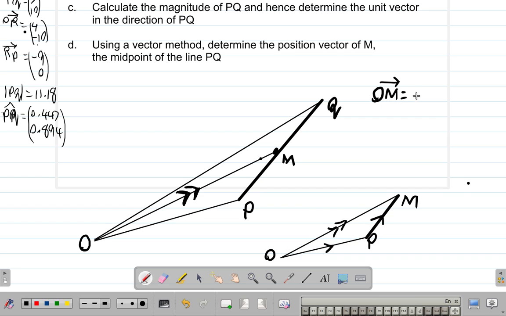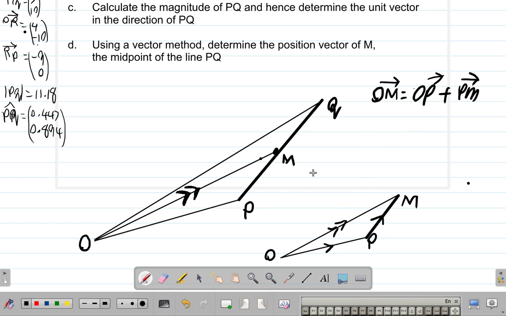So here now, OM, from O to M, is equal to OP plus PM. Alright?